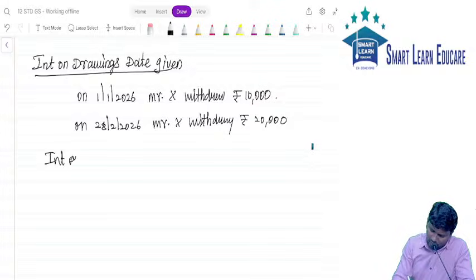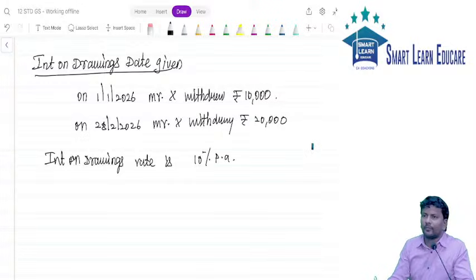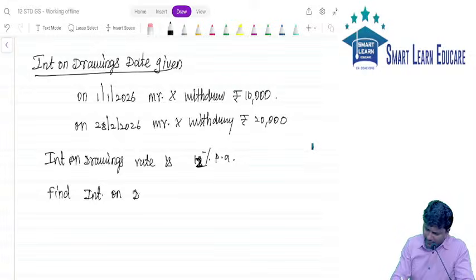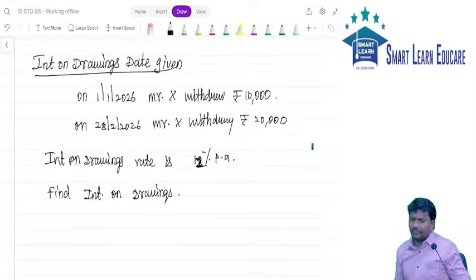Interest on drawings rate is 10% per annum, or take 12%, it will be easier. 12% per annum. Find interest on drawings. That's all, a very easy sum.